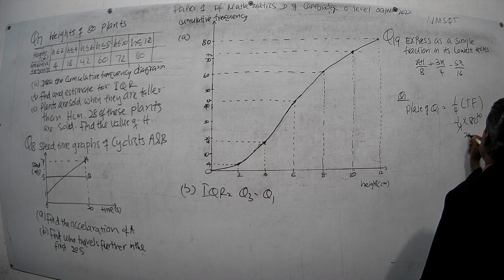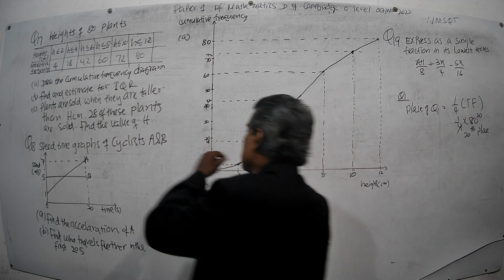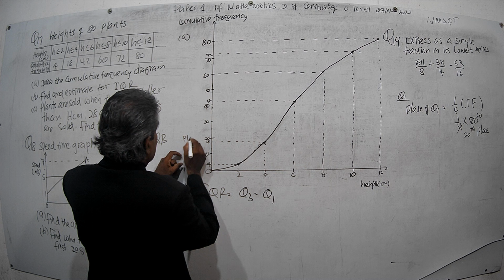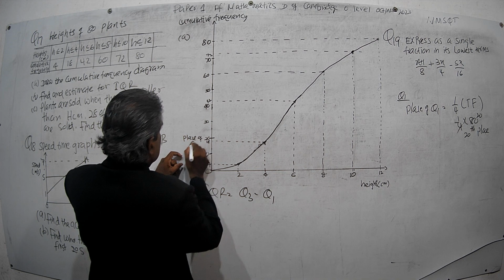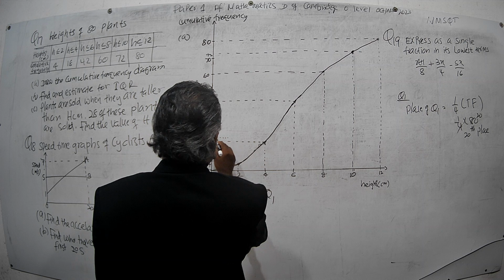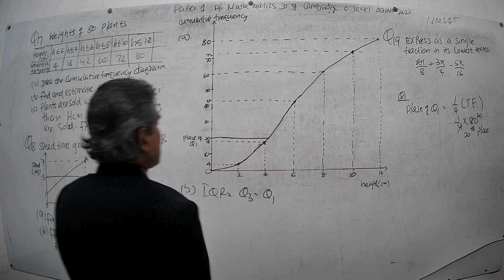That means the 20th place. Go to the 20th place on the cumulative frequency axis here. Then write this is the place of Q1. Then draw the line to meet the cumulative frequency graph.